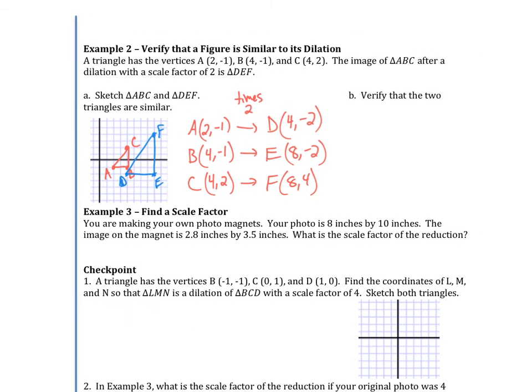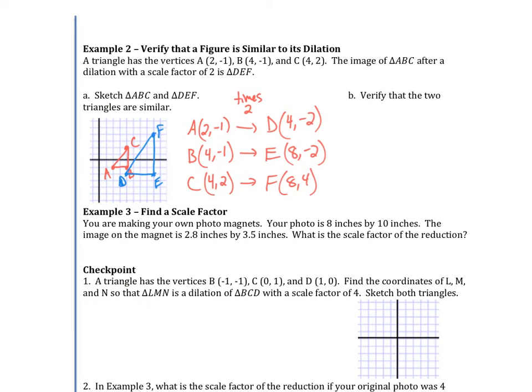So verify that the two triangles are similar. To verify that they are similar, we would see that this side, the blue side DE, is 4. And the side FE is 1, 2, 3, 4, 5, 6. This side is 2 and this side is 3. And then we can see that both green angles are right angles.